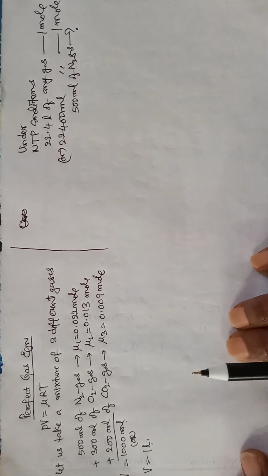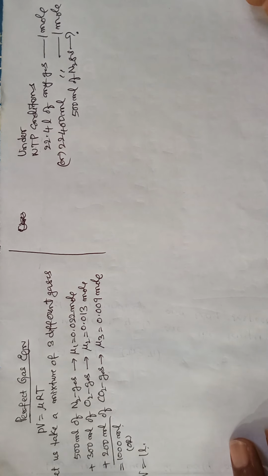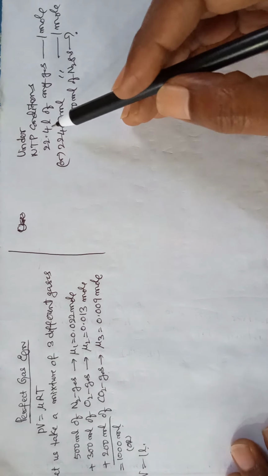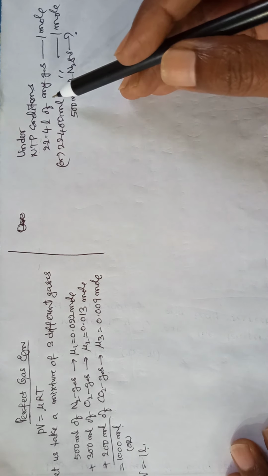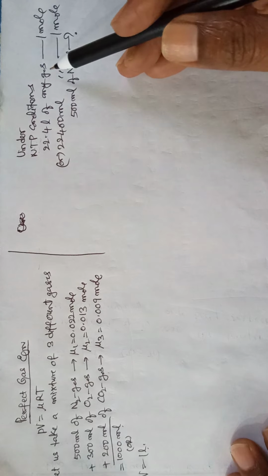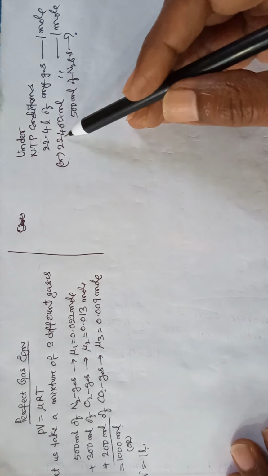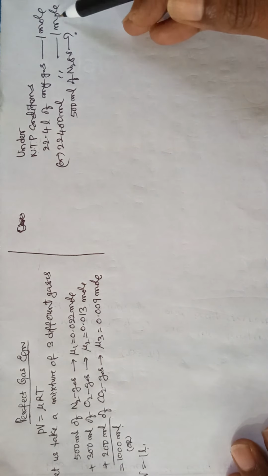And you know very well that under normal temperature and pressure conditions, 22.4 liters of any gas will have 1 mole of substance in it. 22.4 liters means 22,400 milliliters will have 1 mole of substance.